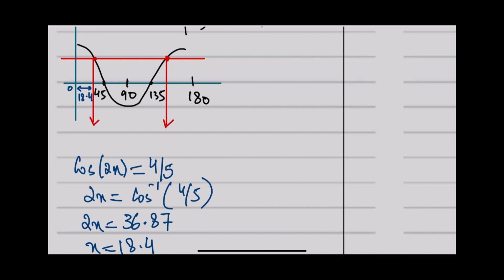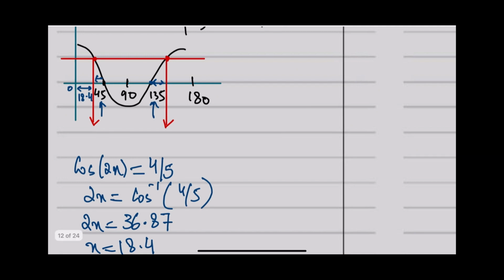Now, from here, this distance has to be positive. Now, we need to know what this distance is going to be, because this distance here is the same as this distance, because it's a symmetrical graph.